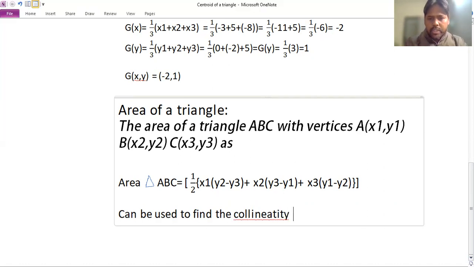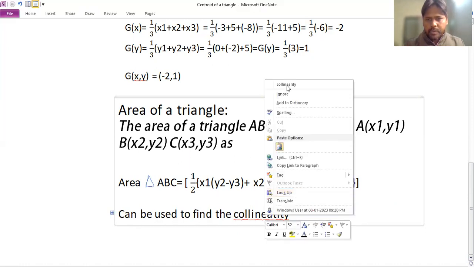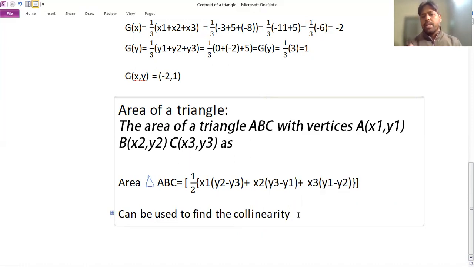This will help us to find out the collinearity of a minimum of 3 points.